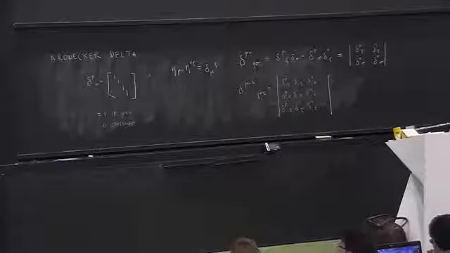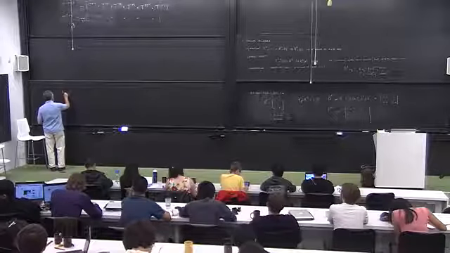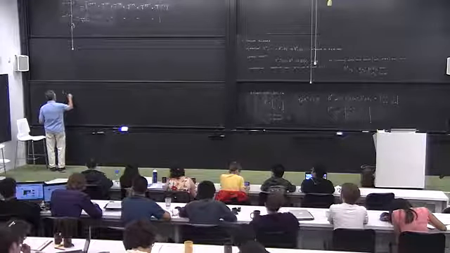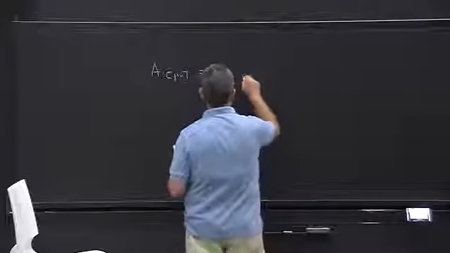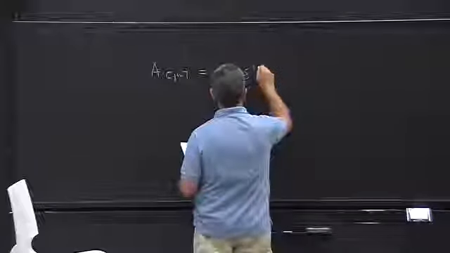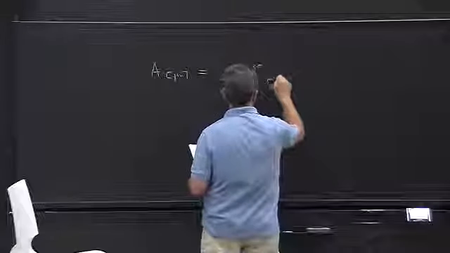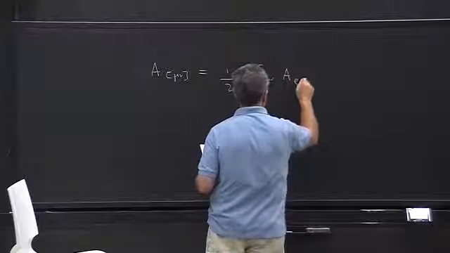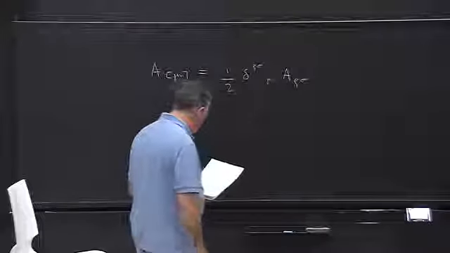So an antisymmetric tensor A mu nu, you can use this to project out the antisymmetric part of an arbitrary tensor A rho sigma.